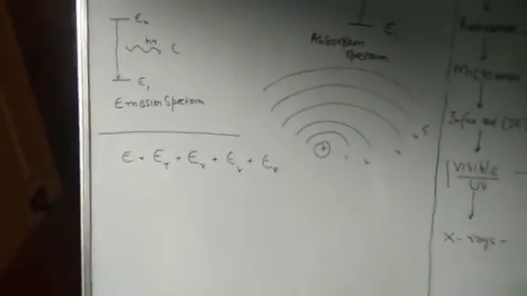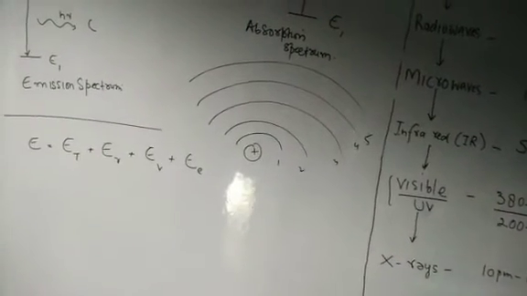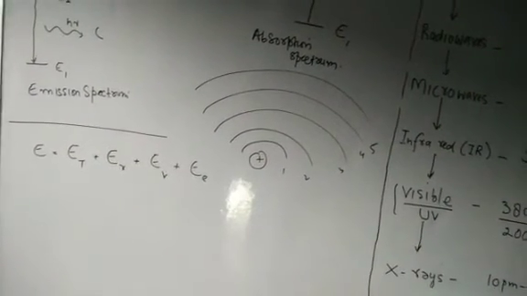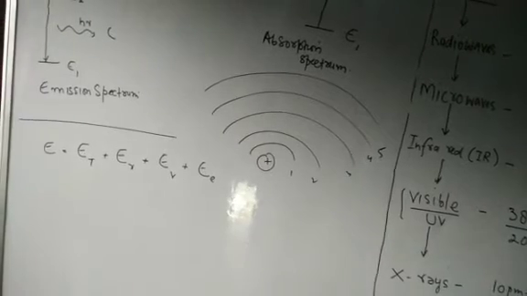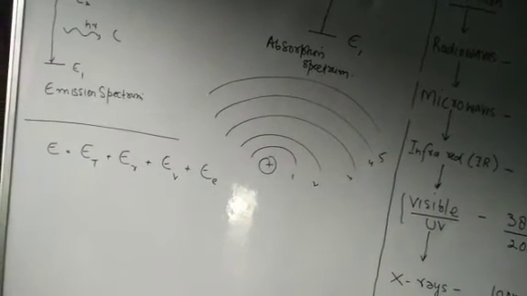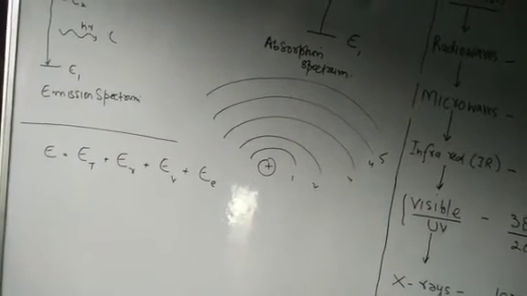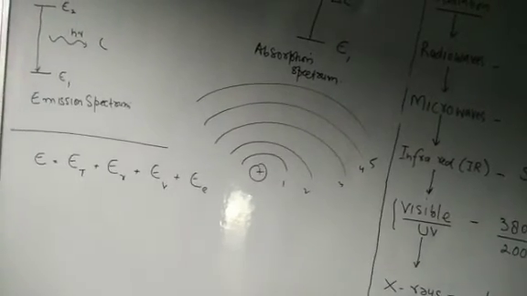So the internal energy of the molecule may be regarded as the sum of rotational, vibrational, electronic and translational energy. Translational energy means that by virtue of which a molecule moves from one place to another place.